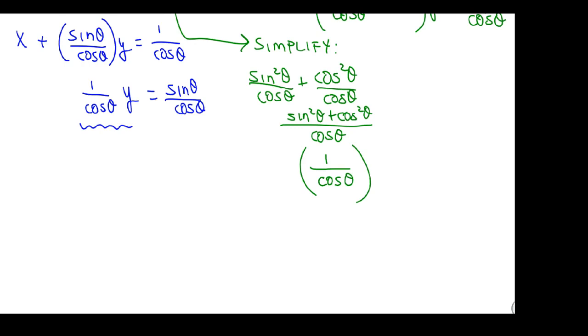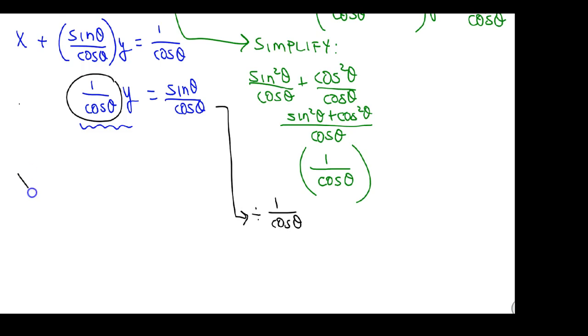So if I divide by 1 over cosine theta, that is equivalent to multiplying by cosine of theta. Divide by 1 over cosine theta. That's how I'm going to change that to a 1.